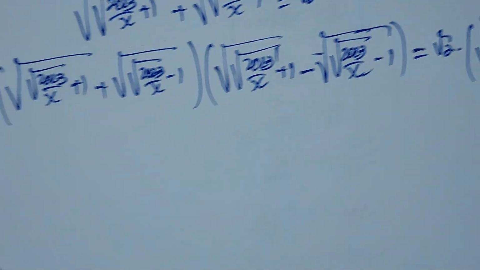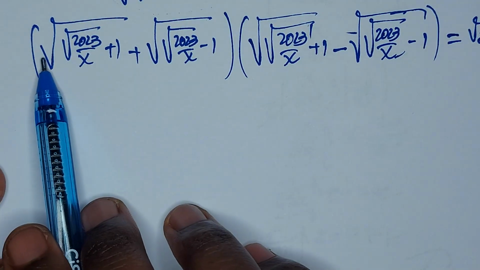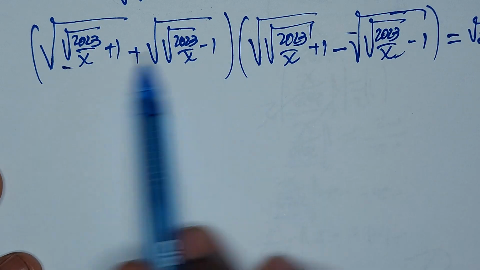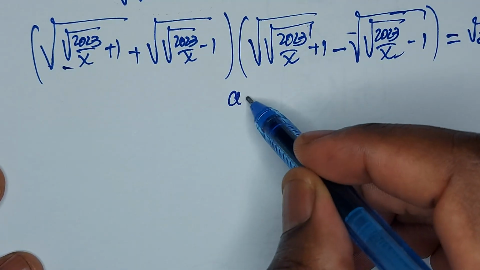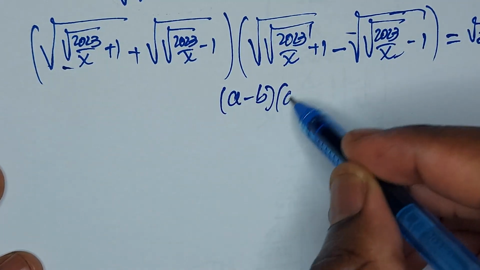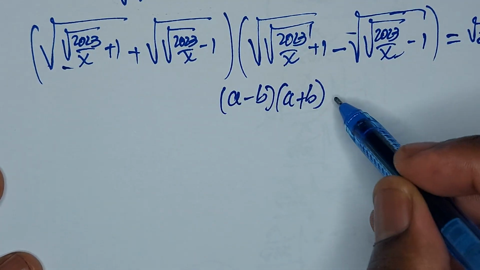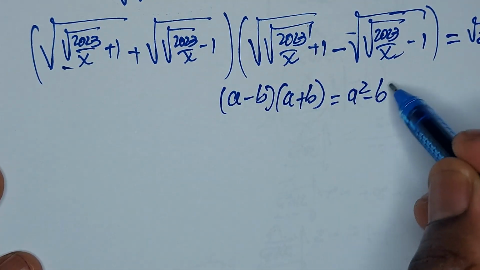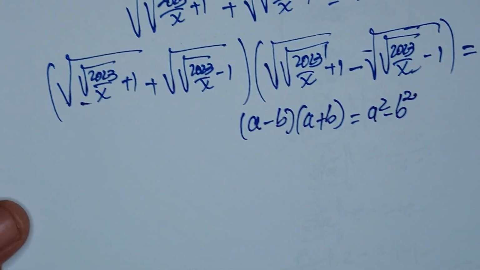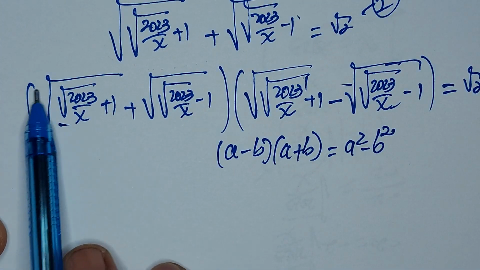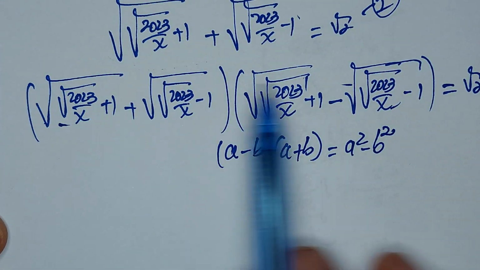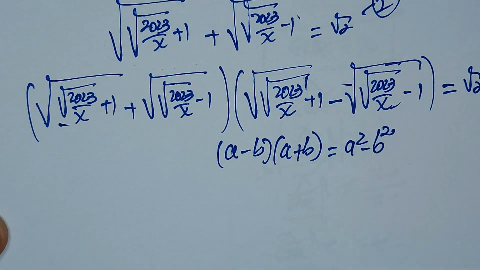Now we can see that this part is similar to a minus b multiplied by a plus b, which is a squared minus b squared. So we take the first term squared and the second one squared.